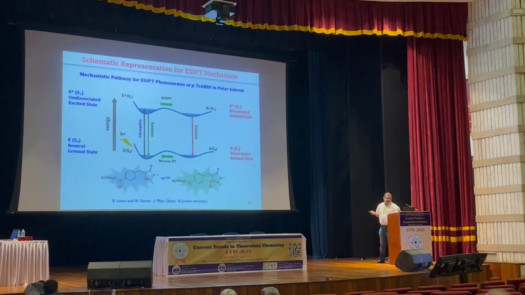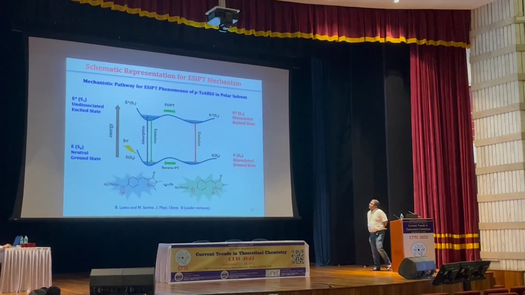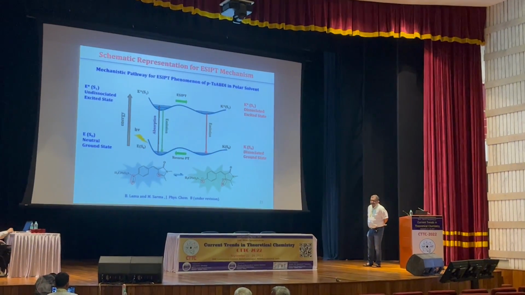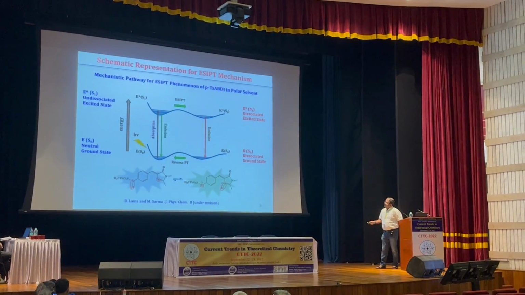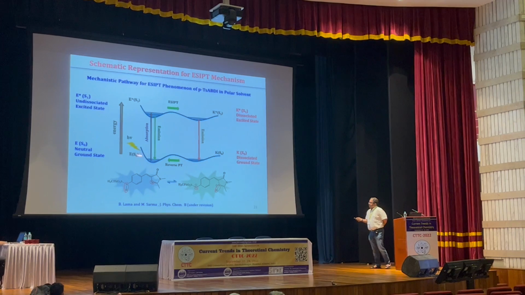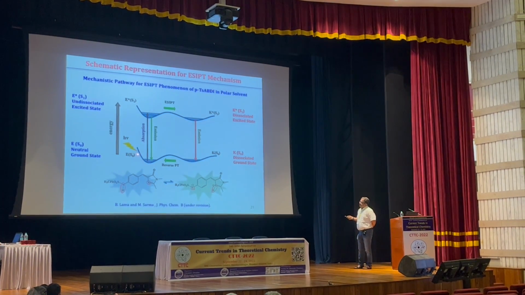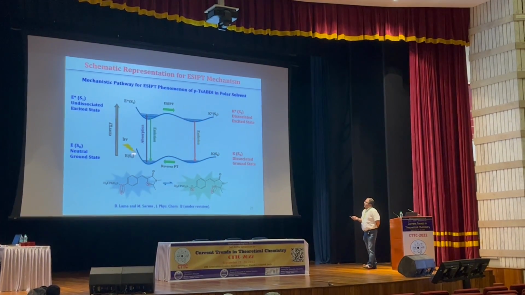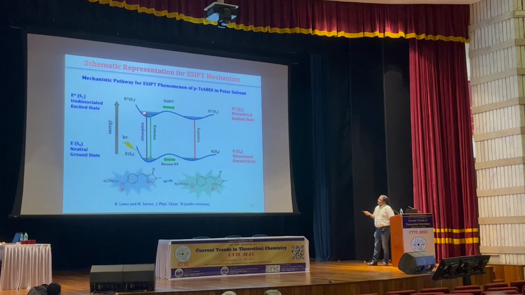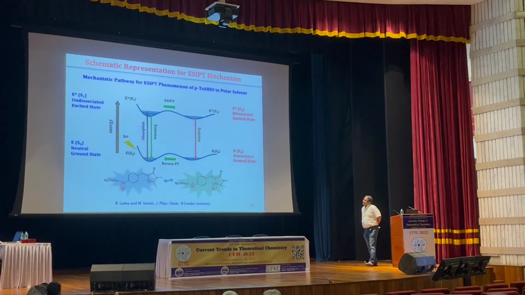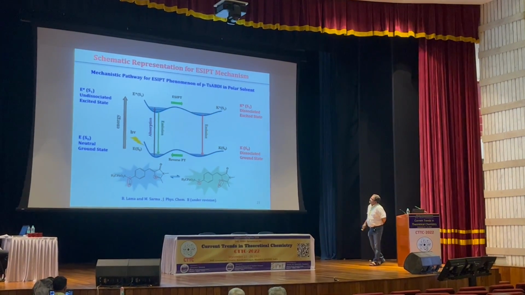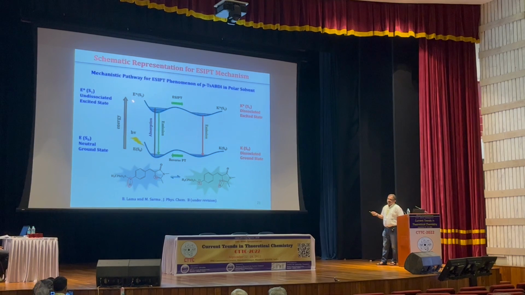So from this process, what we can propose as a mechanism for ESIPT is that, let's say, we start with this neutral form in the ground state, and after absorption of light it goes to the undissociated excited state. From there, there may be two possibilities.